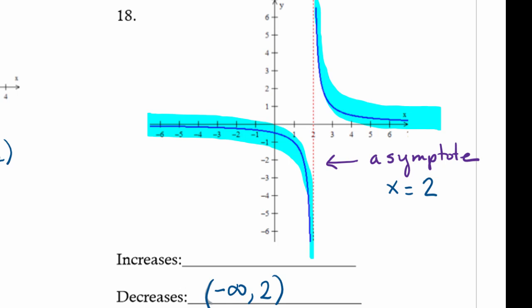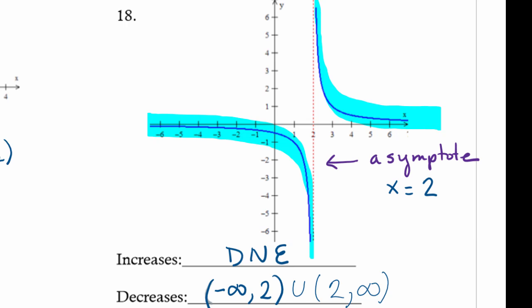We'll talk about that in another video, but definitely decreasing. So we're going to put that interval here as well in the decreasing, and notice there's no place where this function increases. So we can say DNE, does not exist. So this function never increases. It is always decreasing. Isn't that interesting?